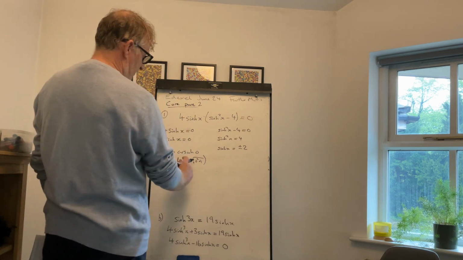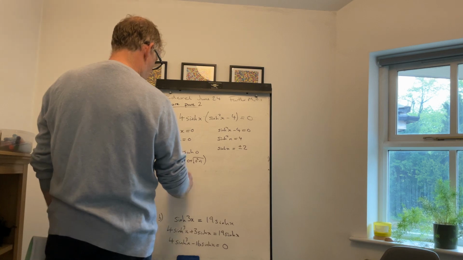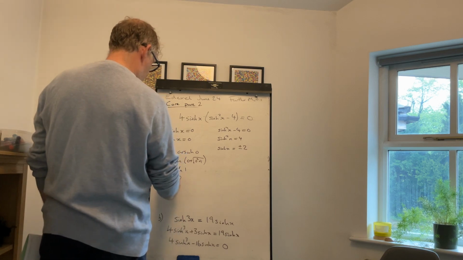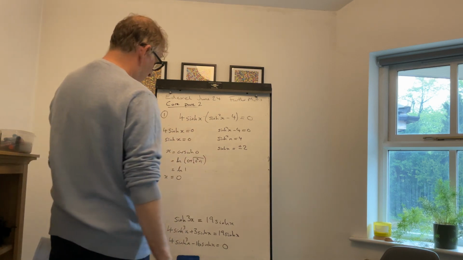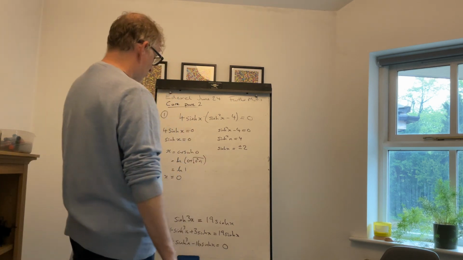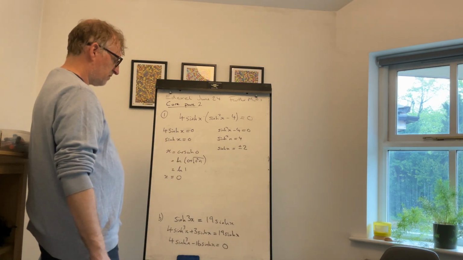And obviously all that leads to just ln of 1, which is indeed 0. So if we hadn't realised already that if sine x equals 0, x equals 0, we could just do that using our arsinh formula.